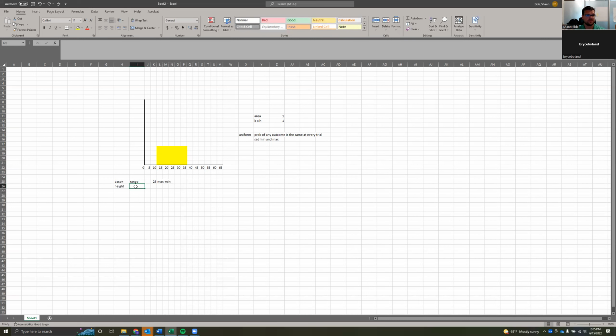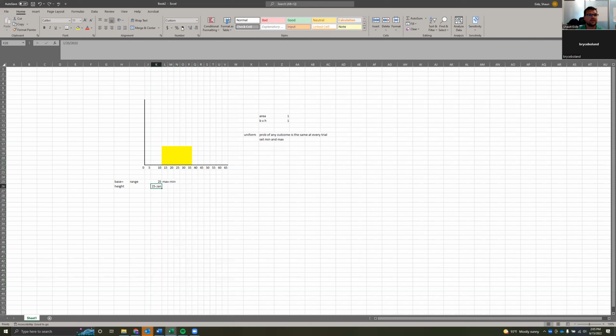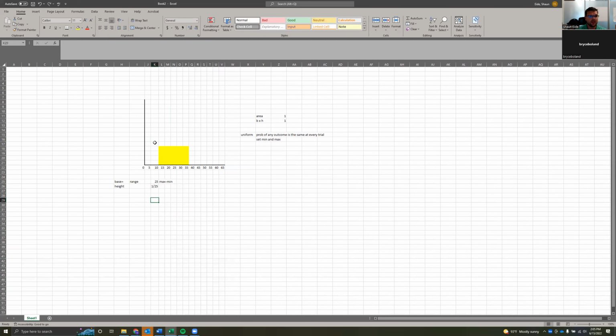The height is going to be 1 divided by 25. The reason it's 1 over 25 is because, remember, base times height equals 1.